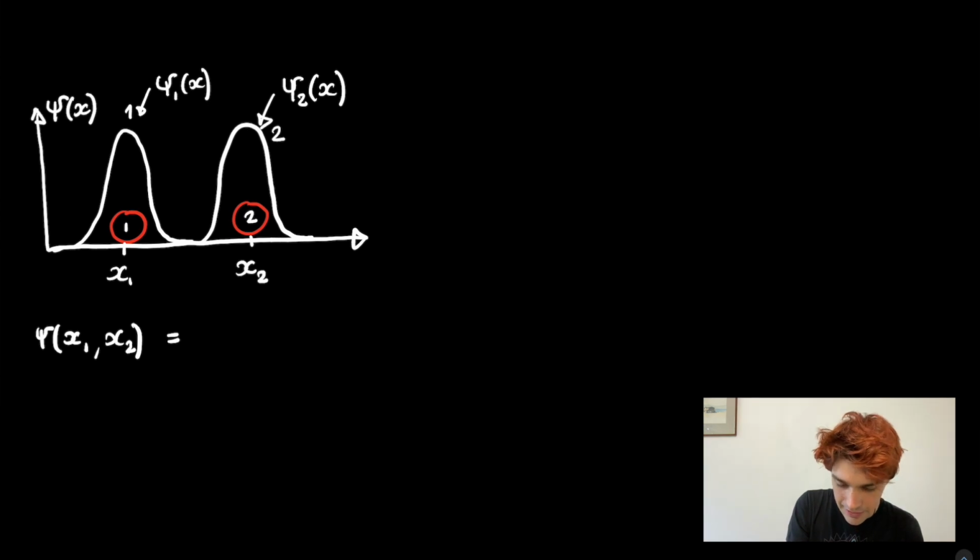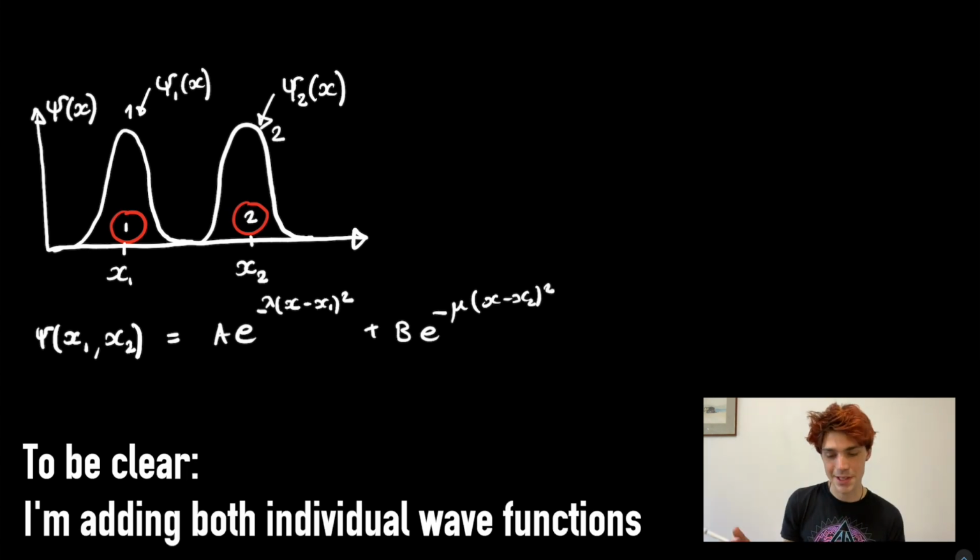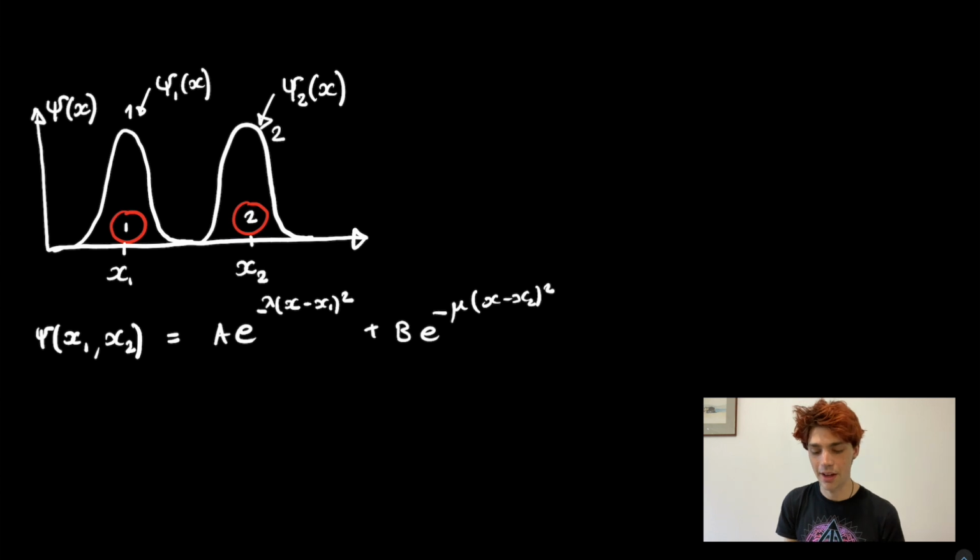The first particle is described by a Gaussian, which is going to be something like a constant A times e to the minus lambda times (x minus x1) squared, where lambda is a constant which we don't care about. And it's also going to have another constant, so b e to the minus mu, which is another decay constant, times (x minus x2) squared. So your wave function is going to be something like this. It's going to be two Gaussians on the same curve.